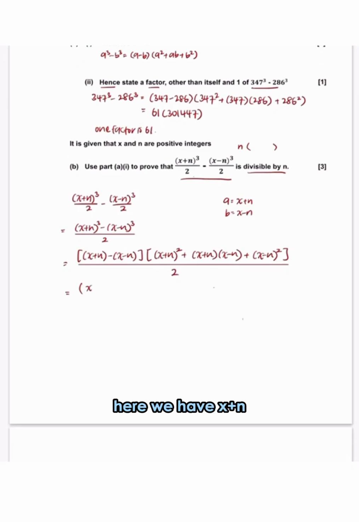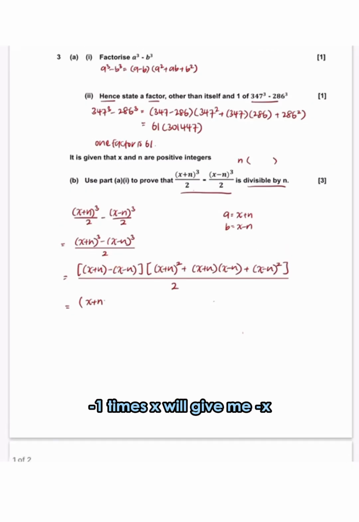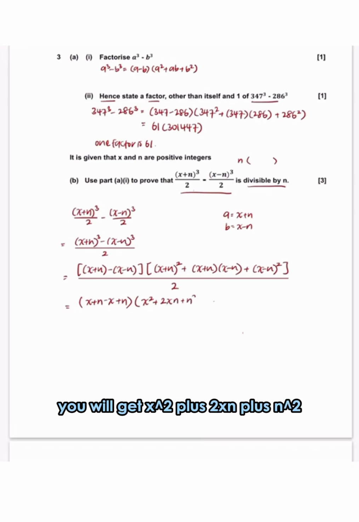Now let's simplify our numerator. Okay, we have x plus n. Negative 1 times x will give me negative x. Negative 1 times negative n will give me positive n. Okay, this term here, when I expand it out, you will get x squared plus 2xn plus n squared.